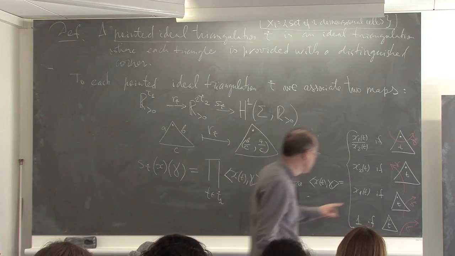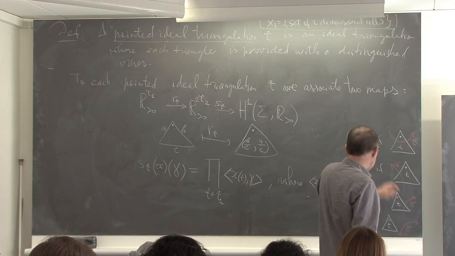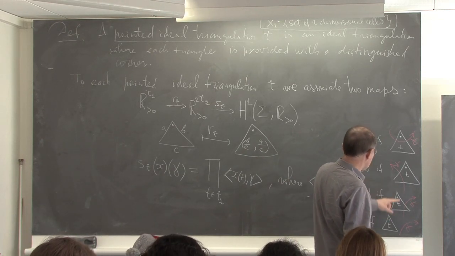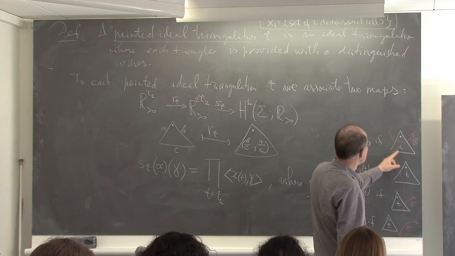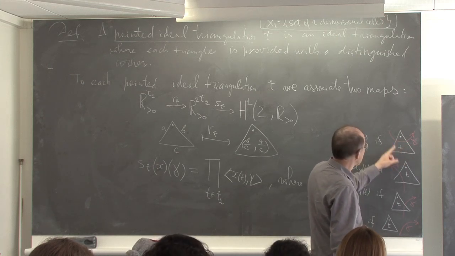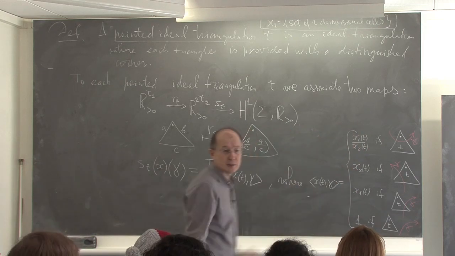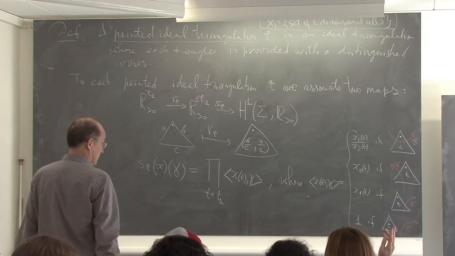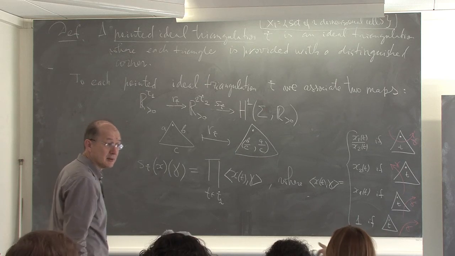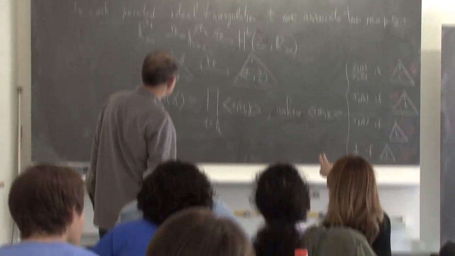And yeah, so if you make a closed curve sitting just inside one triangle, the product of these three is 1, so it is consistent with elementary isotopy. Yes? Does x of t mean just this pair?